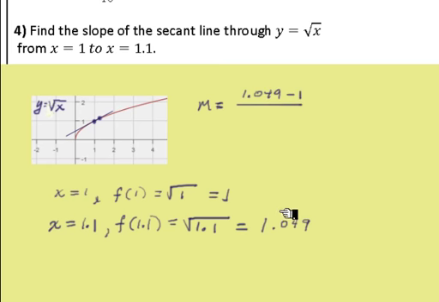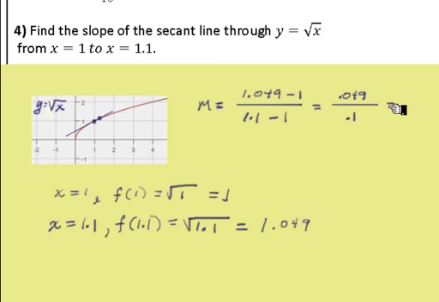Subtract these two y's. Now subtract the x's in the denominator. That would be 1.1 minus 1. So in the numerator we have 0.049, and in the denominator we have 0.1.